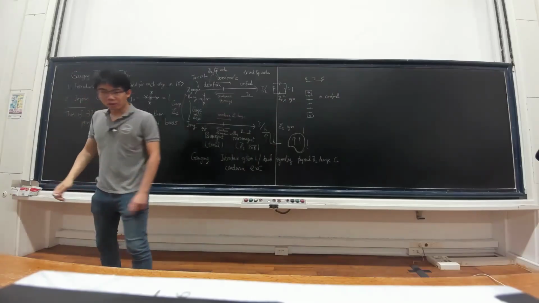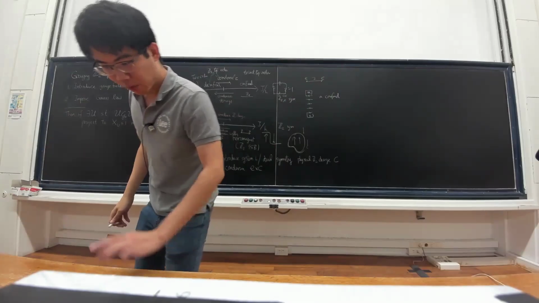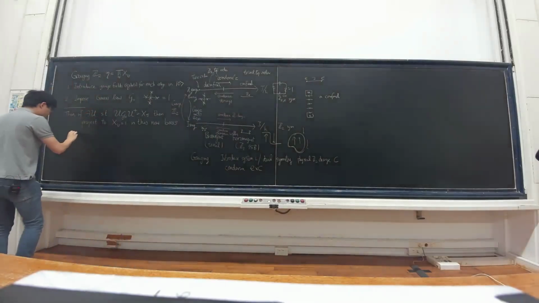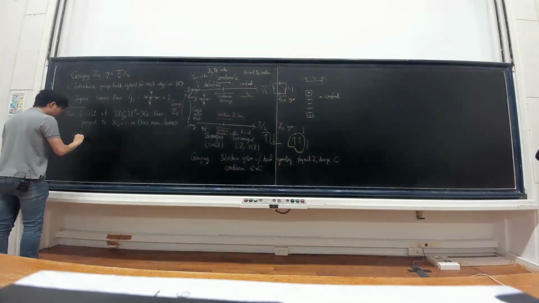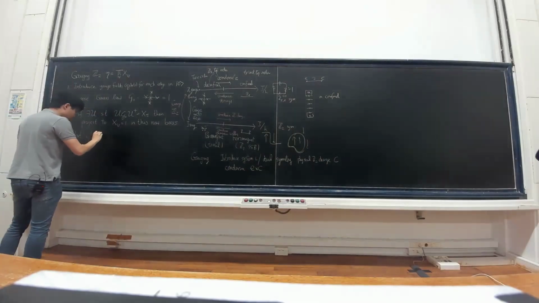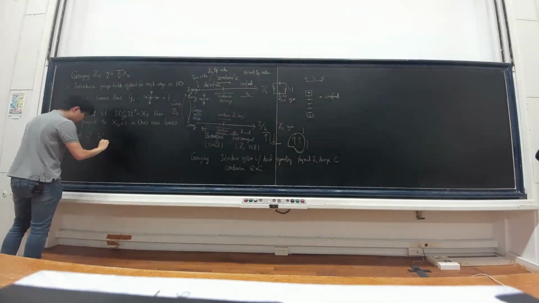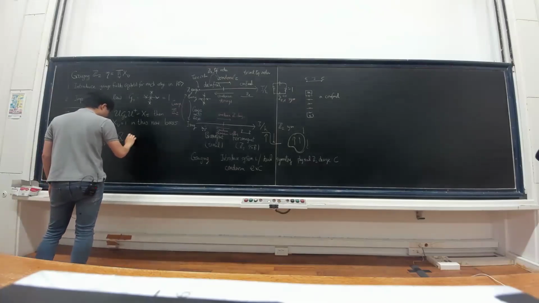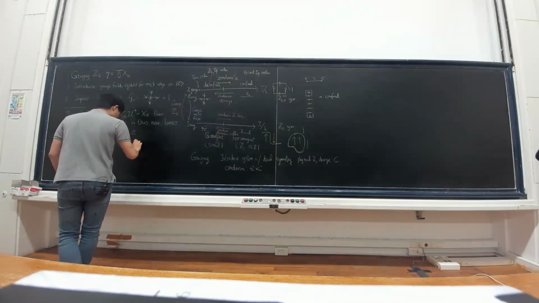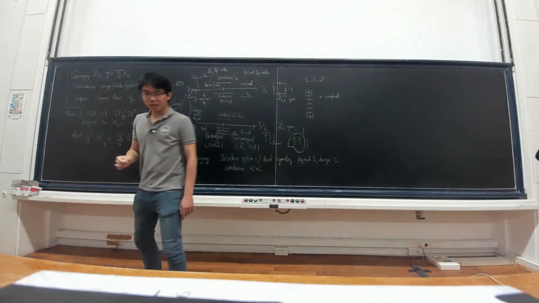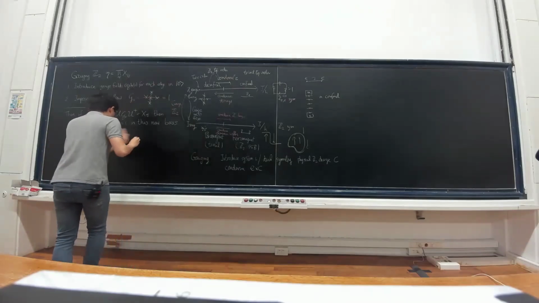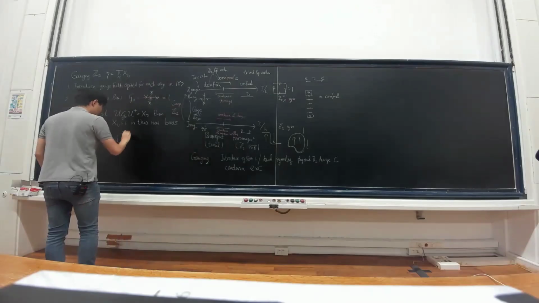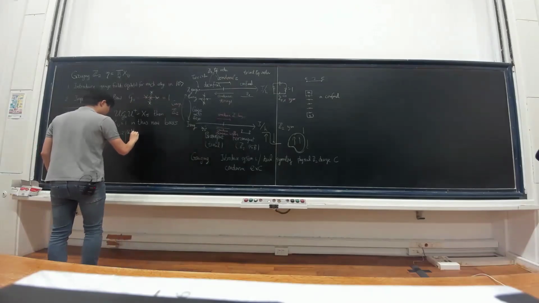So just to recap this part, we started with some theory on the Hilbert space, let me call it H_V, which is just a tensor product over all vertices, the number of vertices.